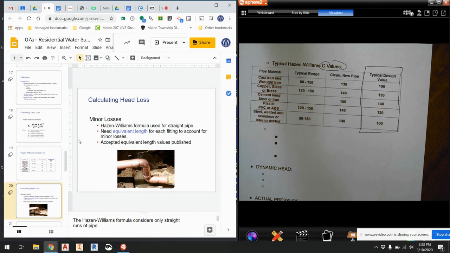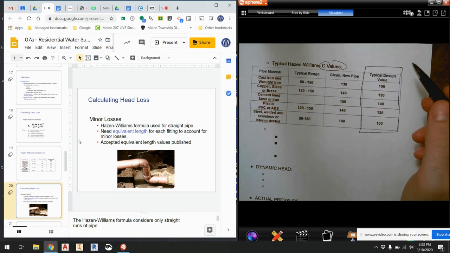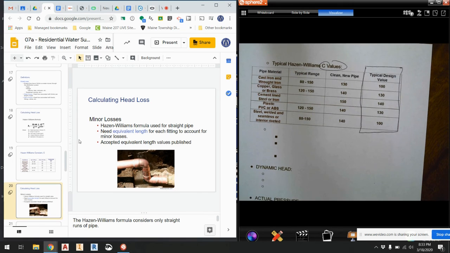So when we use Hazen-Williams, it assumes that it is a straight line from the source to the discharge or wherever the water is being run to. So if you went to a water tower and then drew a straight line from that water tower to your house, this formula assumes that's the path water travels.